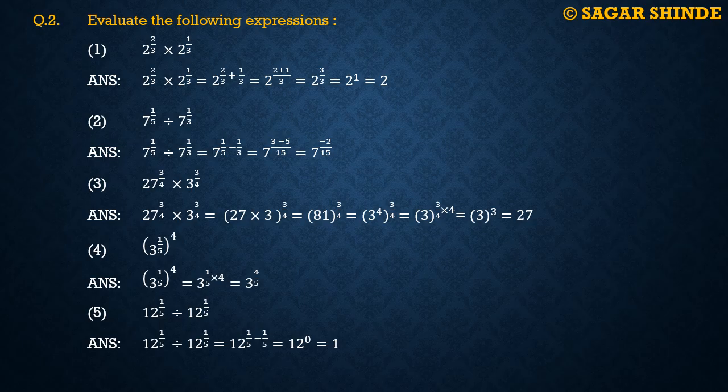So it can be written as 12 raised to 1 upon 5 minus 1 upon 5. So that is nothing but 12 raised to 0. 1 upon 5 minus 1 upon 5 will give us 0, and anything raised to 0 is always 1. We know that a real number raised to 0, except 0, is always equal to 1.